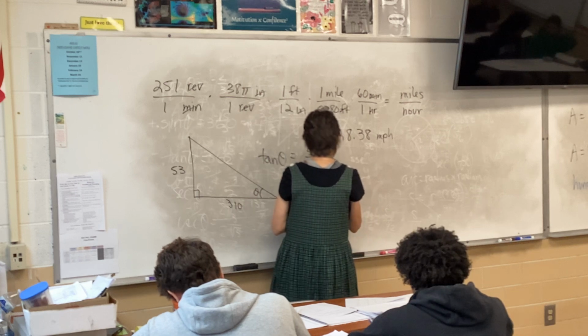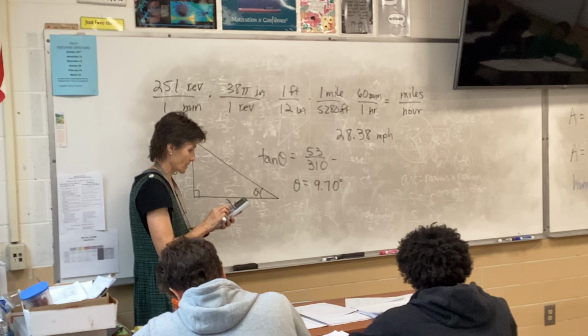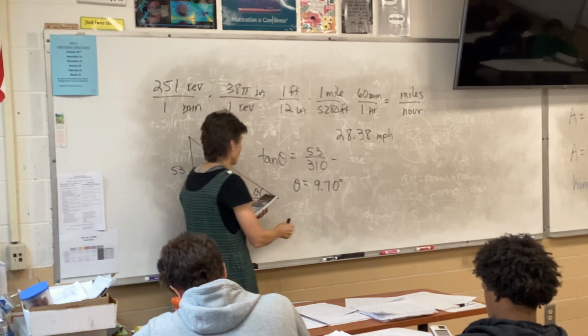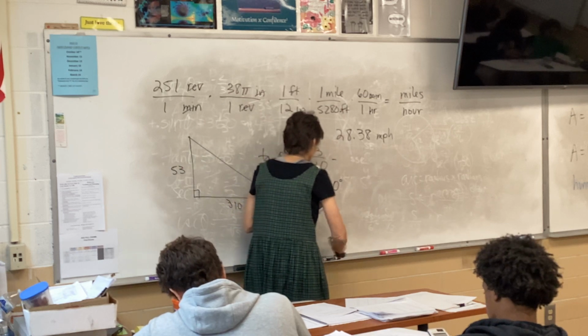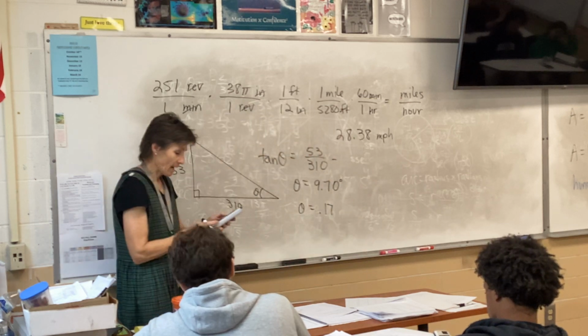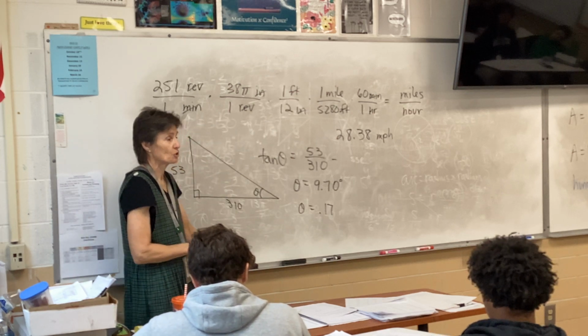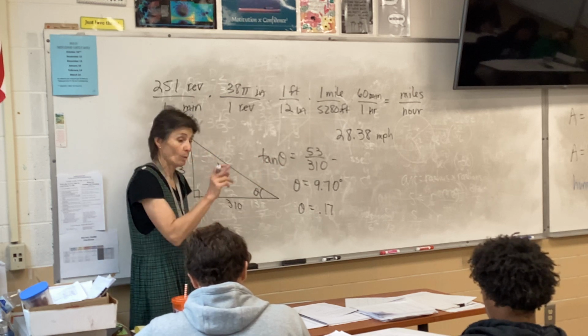If I'm in radians, I get 0.17. I will try to tell you, but if I forget, either one of those would be okay, because you're giving an angle measure, and you can do that in more than one way.